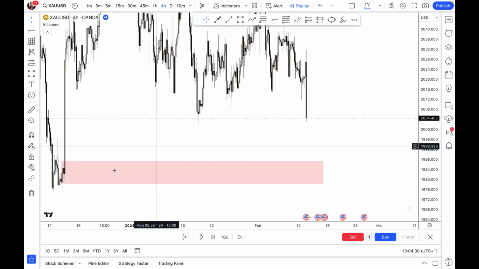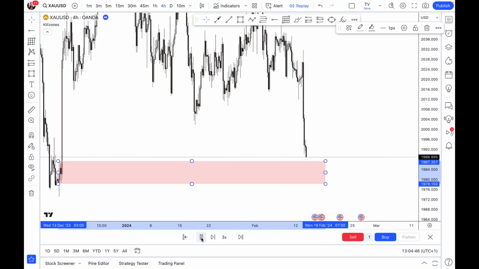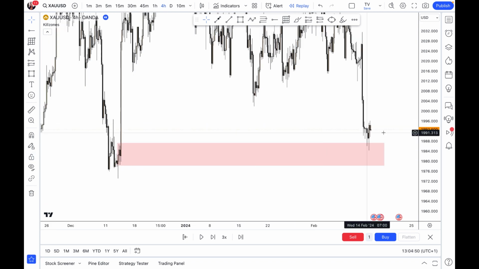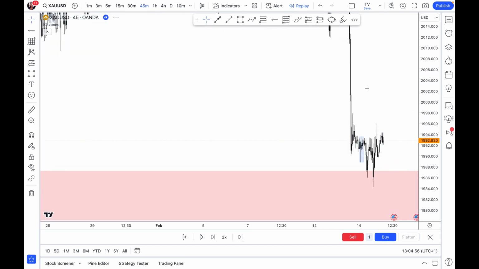Once you have that level marked out, you wait for price to come into that zone. Once price is in this zone, you go on a lower time frame and start marking out your structure.